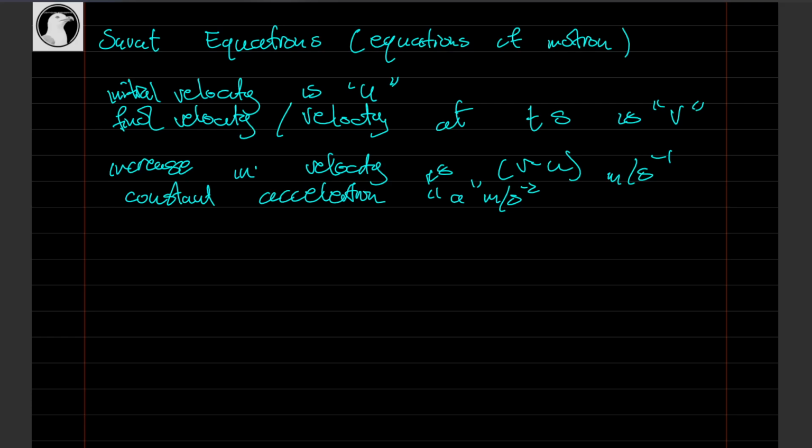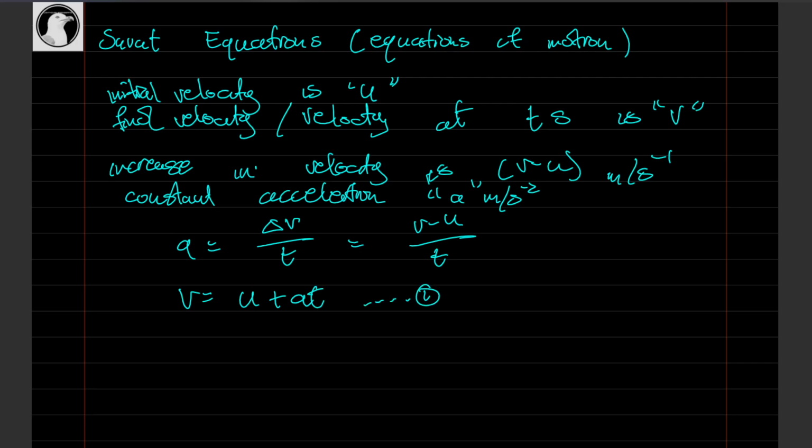We would know that when we are inspecting our graphs, this is what would come up. This would be the change in velocity divided by time, which means it would be v minus u over t. Now, if we make v the subject of the formula, then our first equation would become v is equal to u plus at, which would become our first equation.